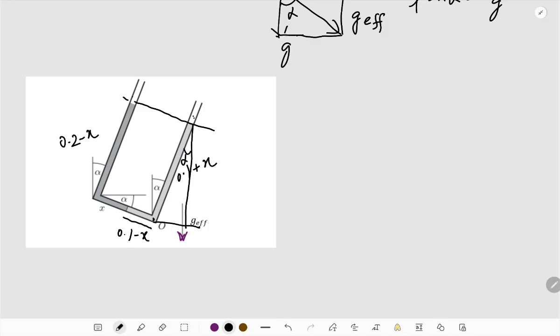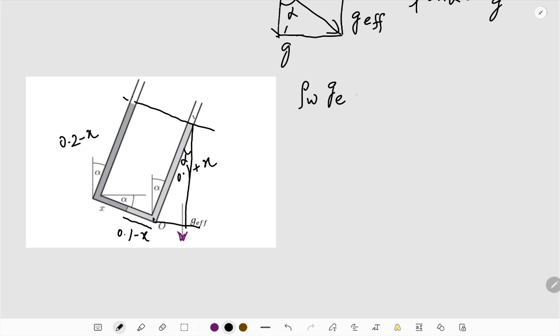There is nothing in it, and density of water, I'm going to write simply as rho W. So the pressure will be here rho W G effective, that is GE simply. I would like to write G effective as GE simply.